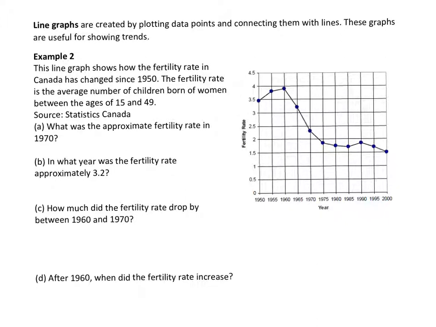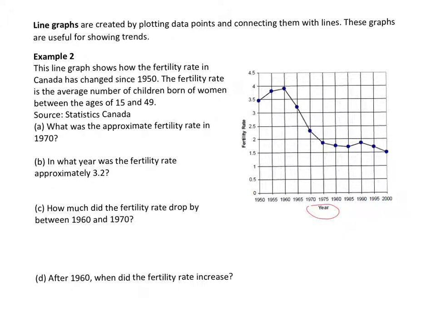And our horizontal axis gives us the years. So over time, we can see what's happened to the fertility rates. And we can see that there's a spike, and then it goes down, and then it starts going down more gradually. So let's answer these questions, and then we can see how we can use a line graph.